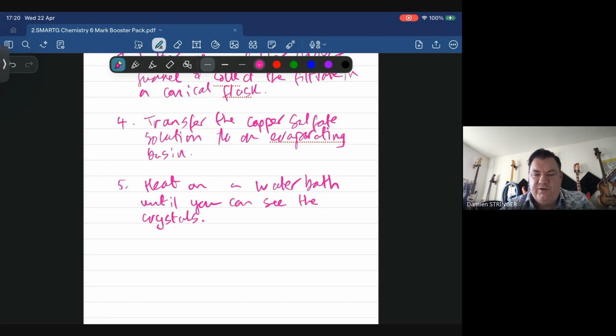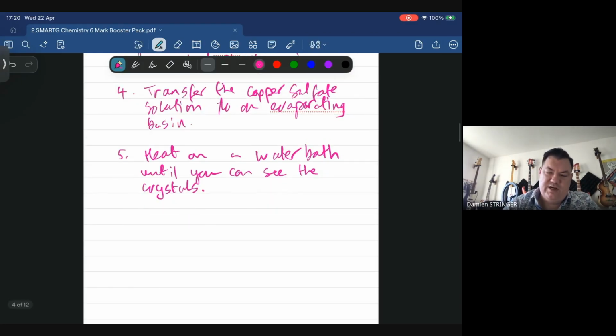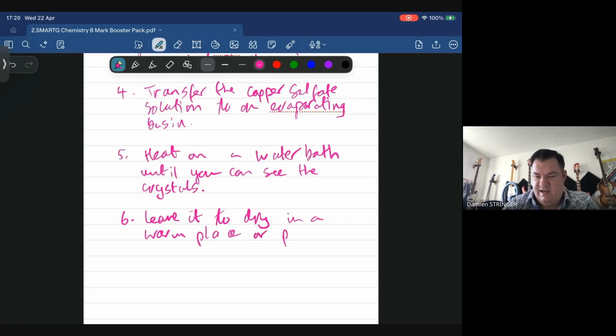So that's what we're avoiding. If we do it until we see the crystals, then we should be okay. And then leave it to dry in a warm place, or pat dry with a paper towel.